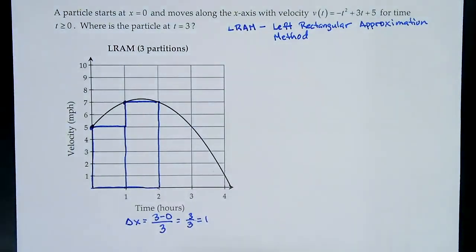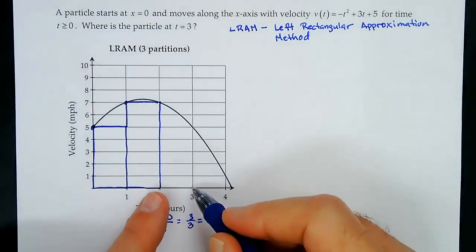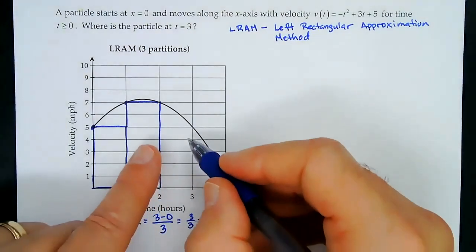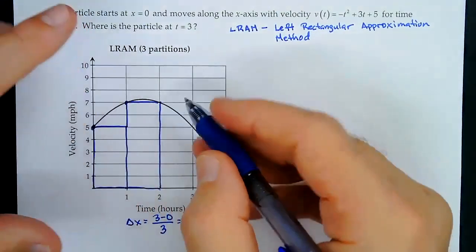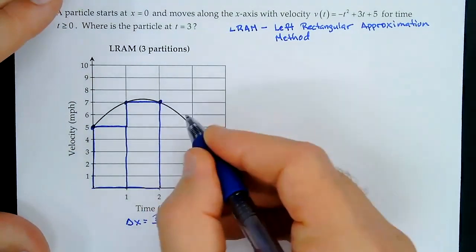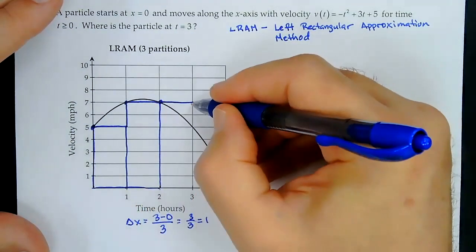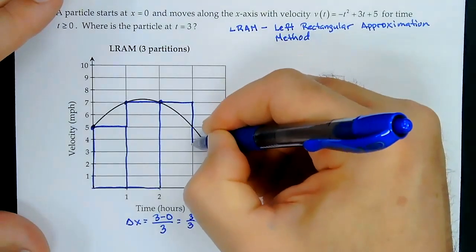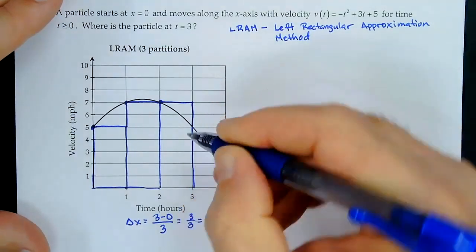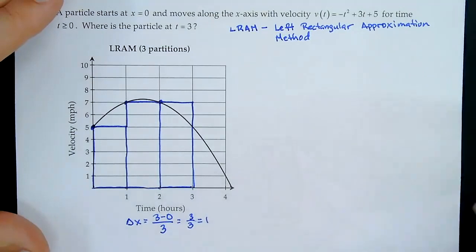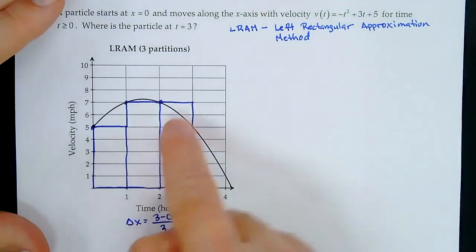And then we're going to do another one from 2 to 3, and we're going to go up until the left side hits the curve. And that would be right here, and then we're going to extend this from here to here. Okay, so I'm going to pause it, and I'm going to shade these 3 rectangles in.